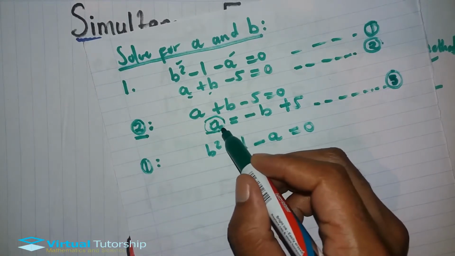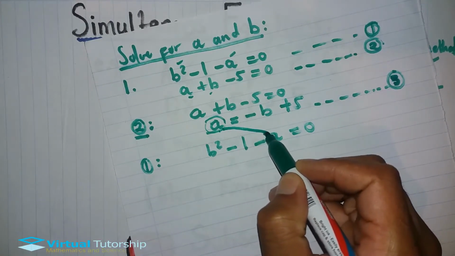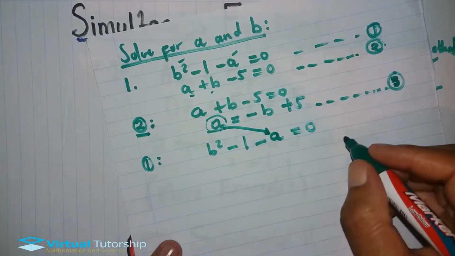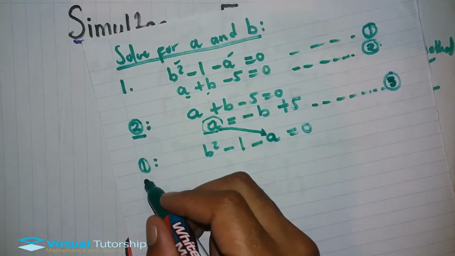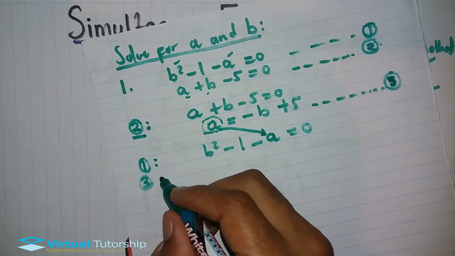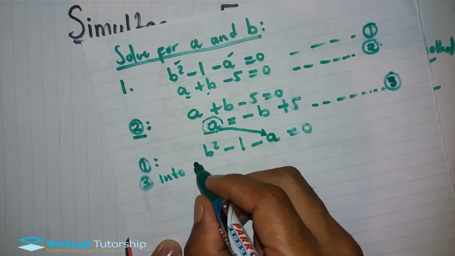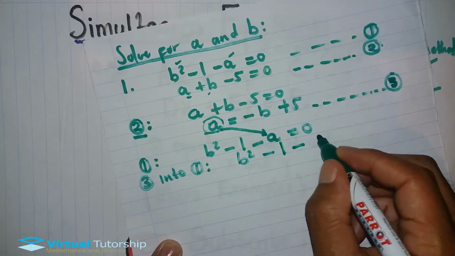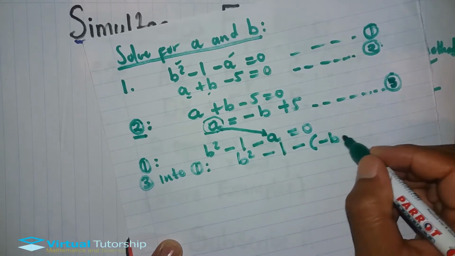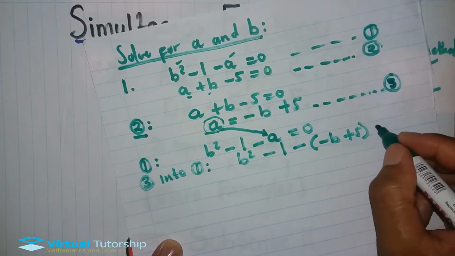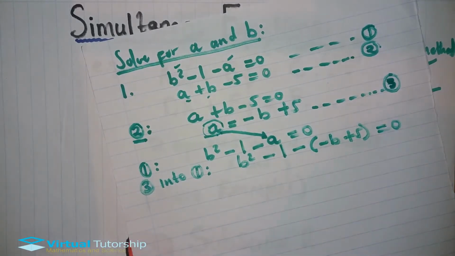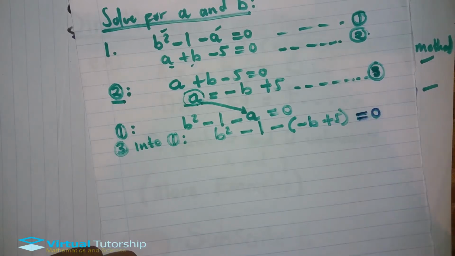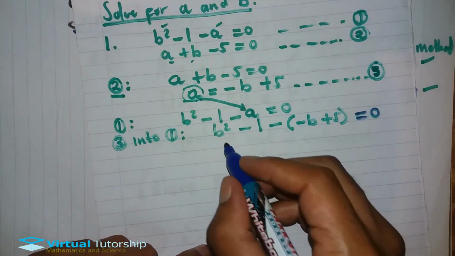I want to substitute the value of a, from equation 3, into equation 1. So the third equation is substituted into equation 1. I get b squared minus 1 minus open bracket minus b plus 5 close bracket is equal to 0. I simplify there.